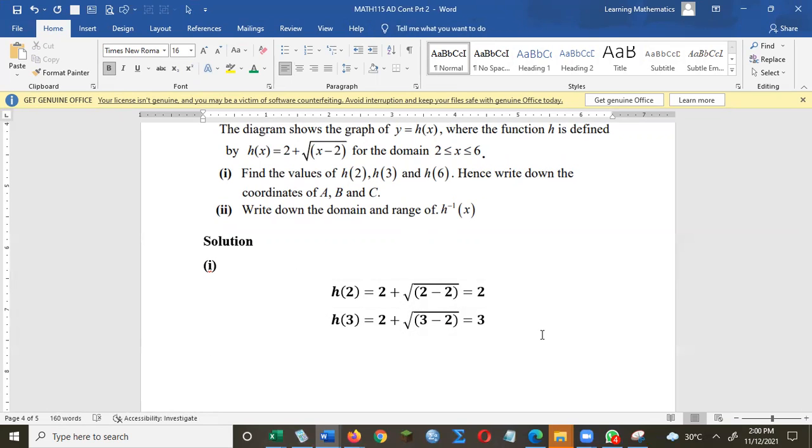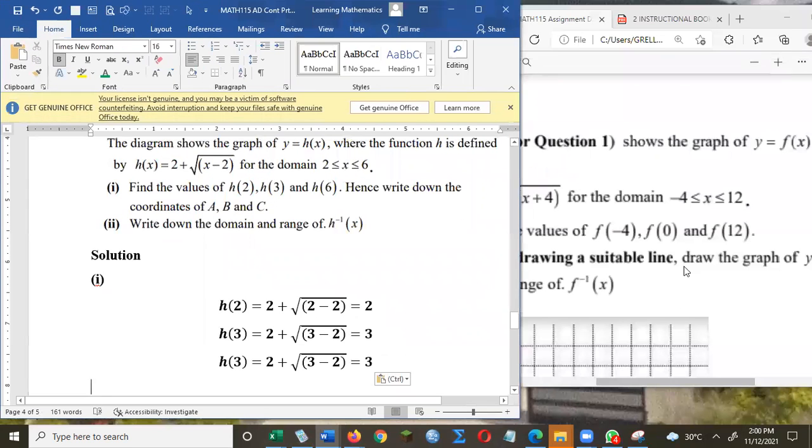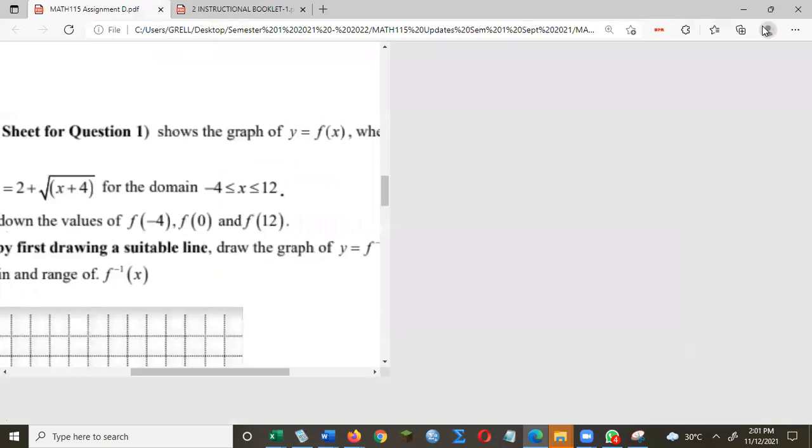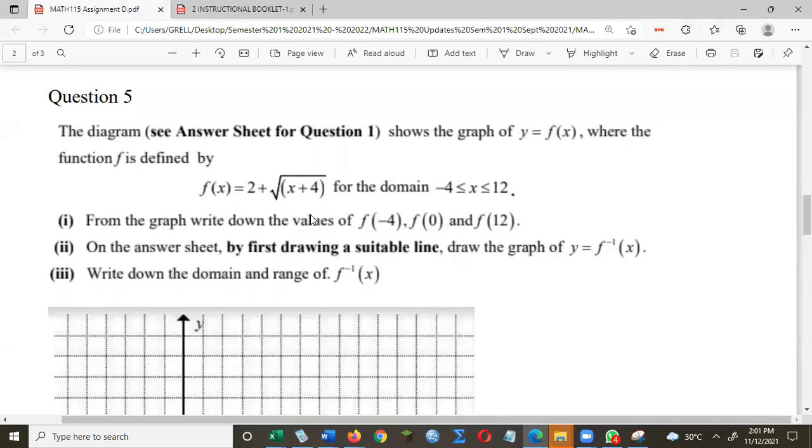Just like how we found h of 3, when you reach number 5, if it's f of 0, wherever you see x, you substitute 0 in f, and you'll find f of 0. F of 12, wherever you see x, you put 12.